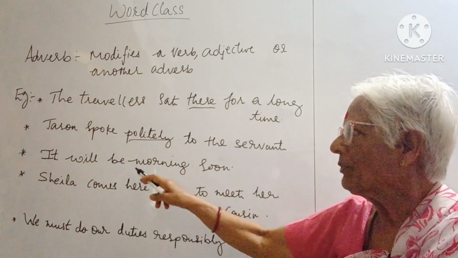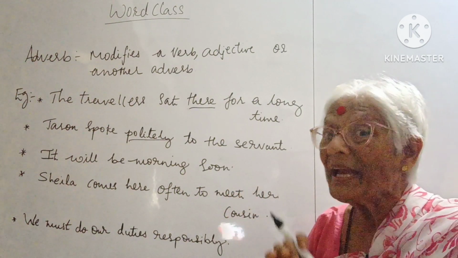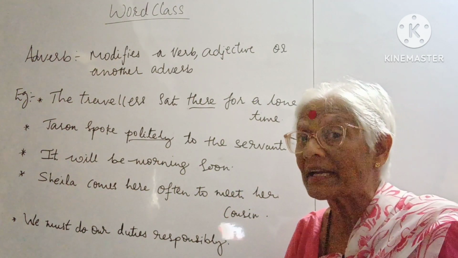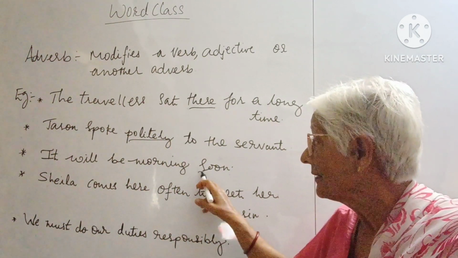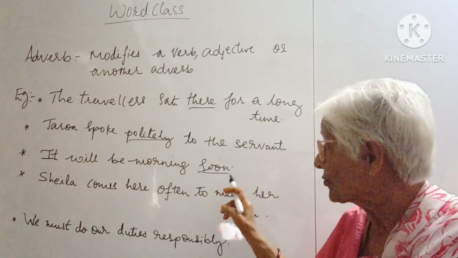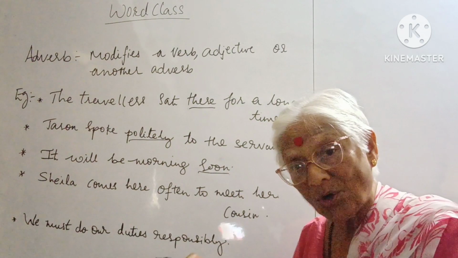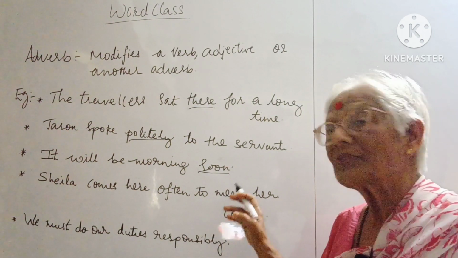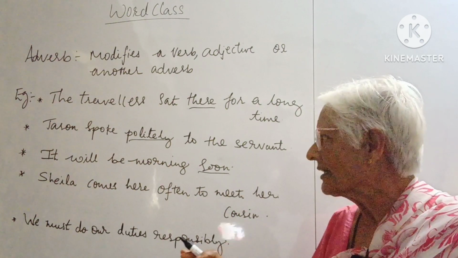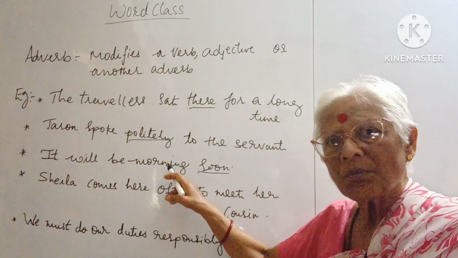Next sentence. It will be morning soon. Now again my question is, when will it be morning? Will be when? Soon. So soon tells you the time. Soon, later, all these are words that describe the time. And this is an adverb of time. But right now, just understand that this is placed next to the word morning.